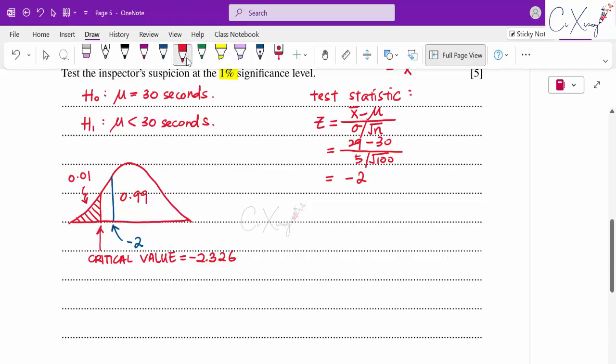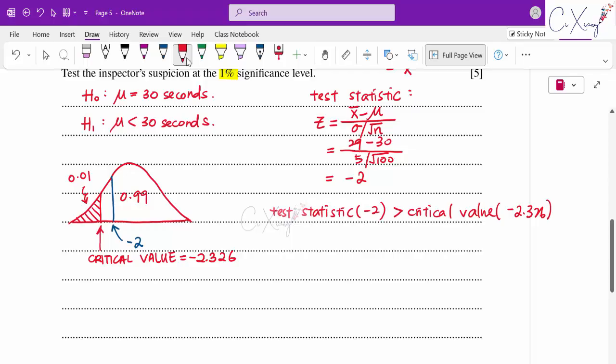Then before you make any comparison, please don't forget to write a comparison statement where you tell them that the test statistic, which is -2, is actually greater than the critical value, which is -2.326.